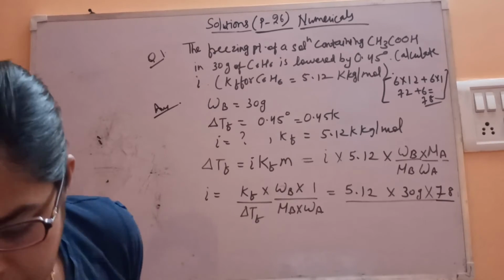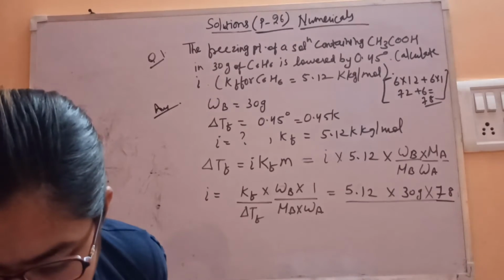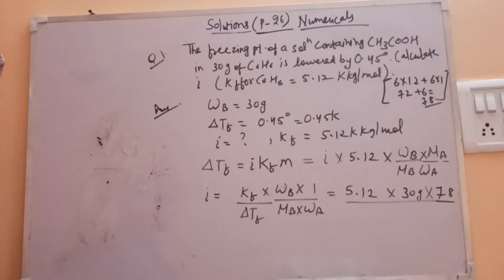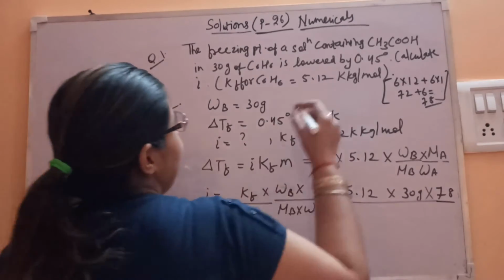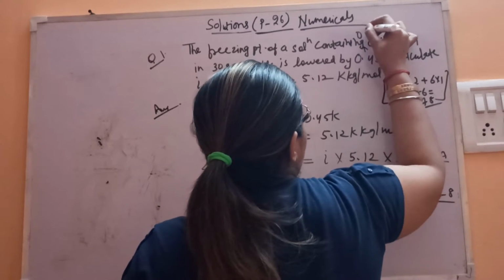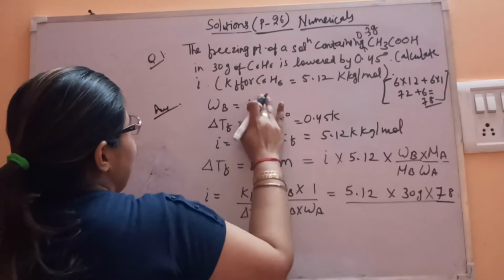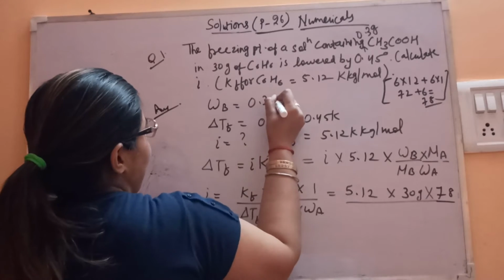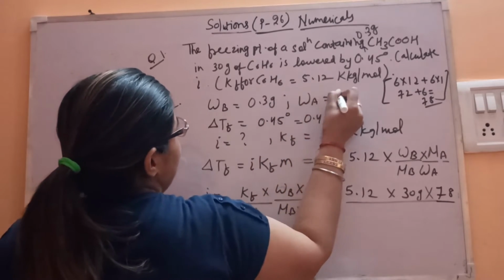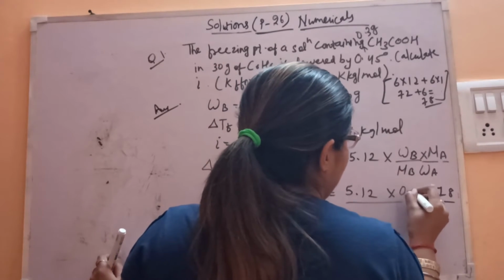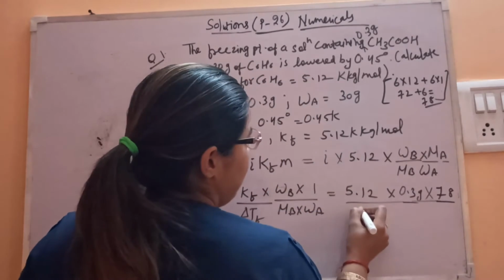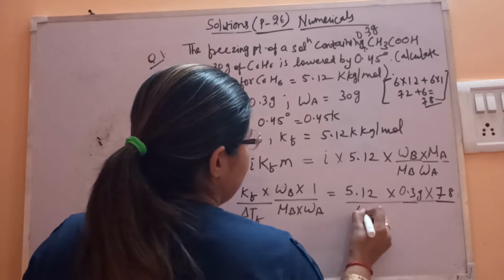Okay, sorry, the question is fine. It's 30 gram of benzene containing 0.3 gram of acetic acid. So Wb is 0.3 gram and Wa is 30 gram. Then Mb of acetic acid is 60.